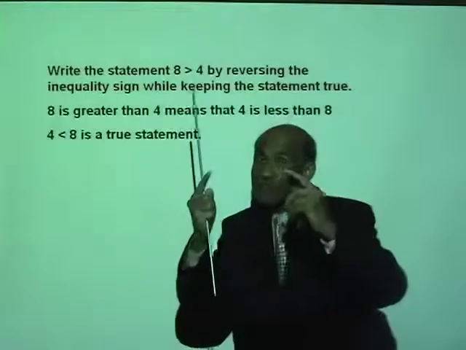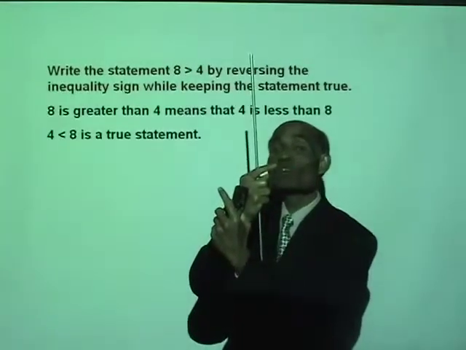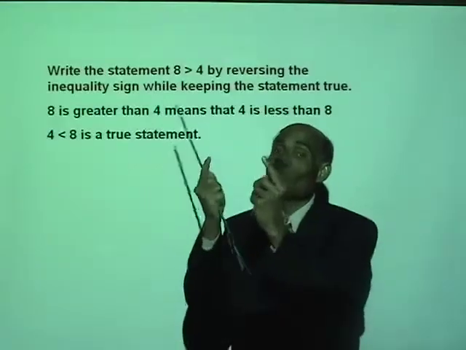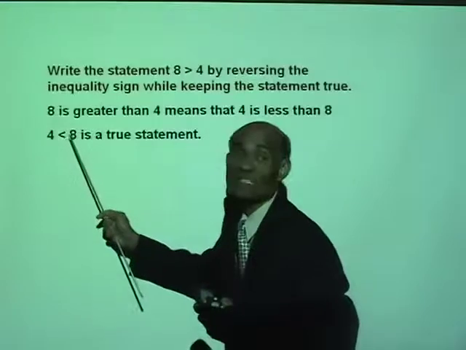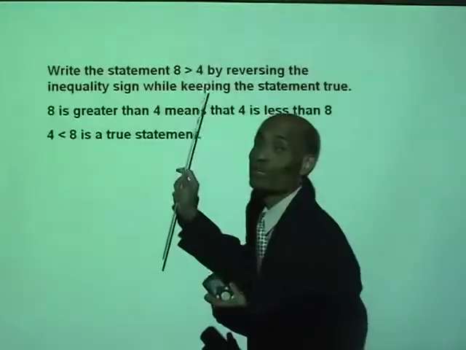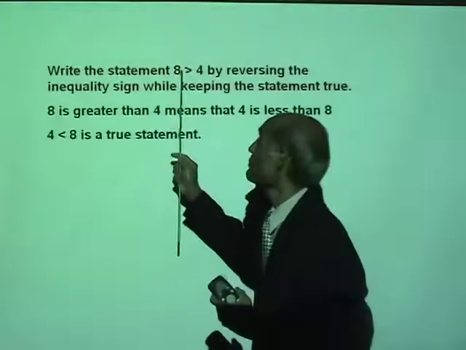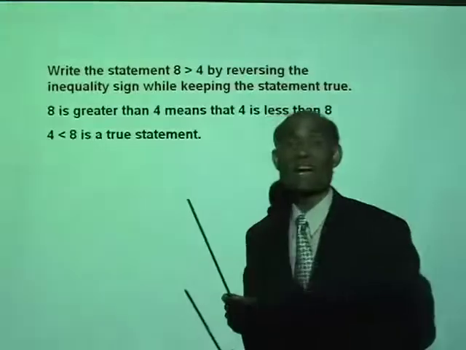And that means we swapped the numbers. And to make the statement true, what did we do? We reversed the inequality. Greater than became less than. It means 8 greater than 4 is a true statement, and this is the same statement as 4 less than 8.